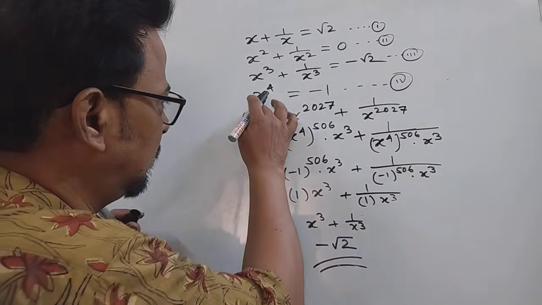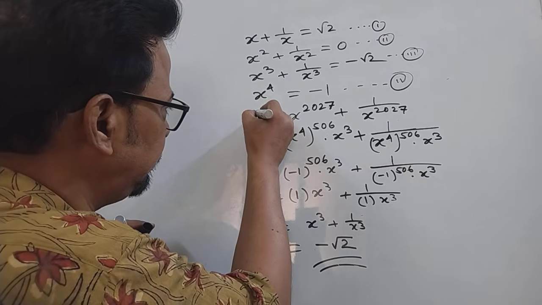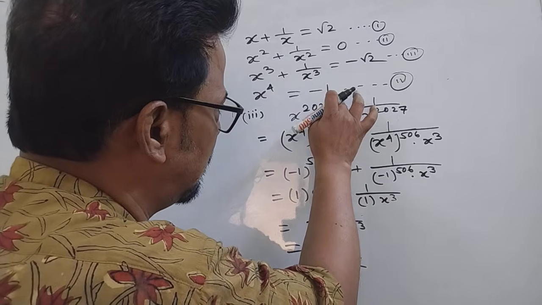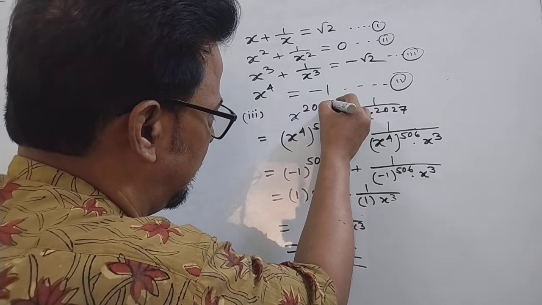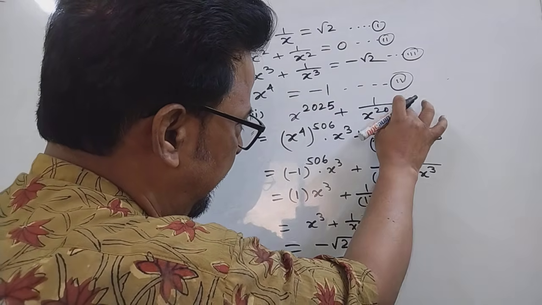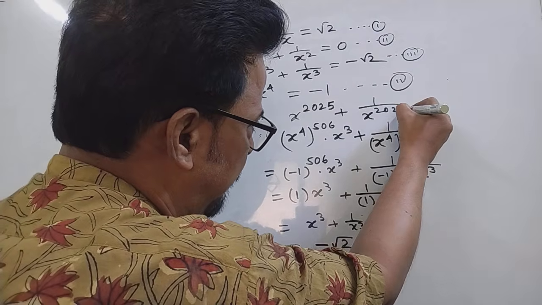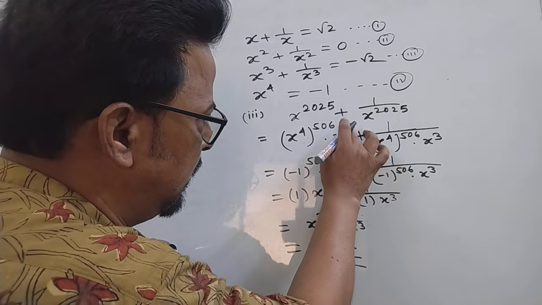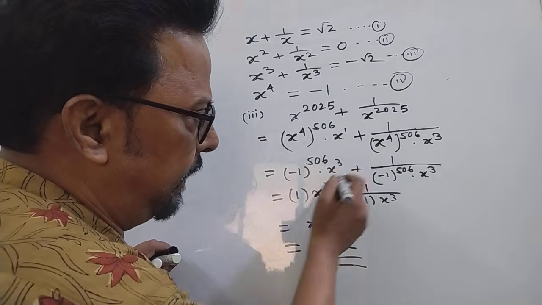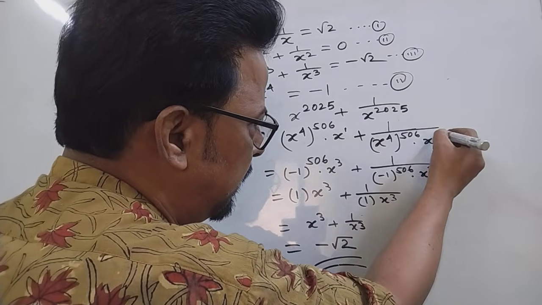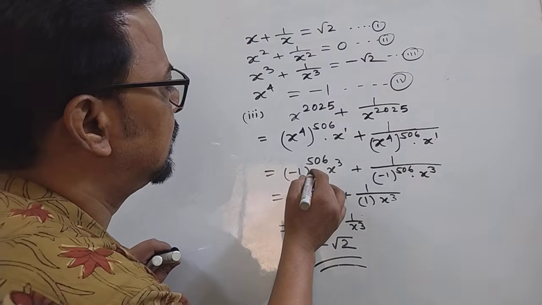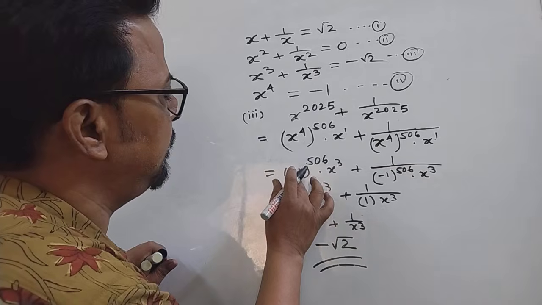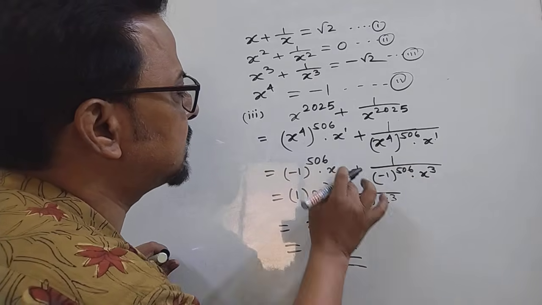Clear? Now the third question, 2025. Then it will be 2024 plus x to the power 1. This is 2024, x to the power 1. Then it will be minus 1 to the power 506 into just x.